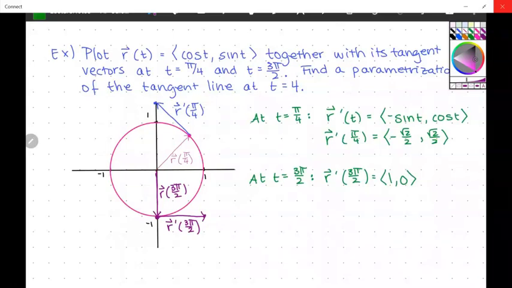Oh, so you're saying negative cosine t, sine t? Yeah, I think so on this. I don't know if that's true all the time. Could be, but I'd have to think more about it. We'd have to plot some points.